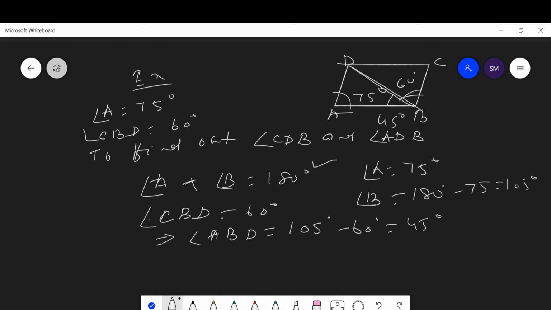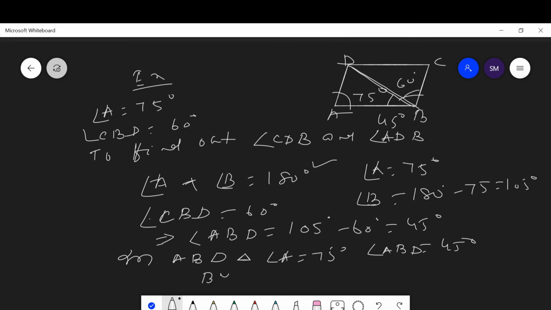Then consider the triangle ABD. In triangle ABD, angle A is 75 degrees and angle ABD is 45 degrees.